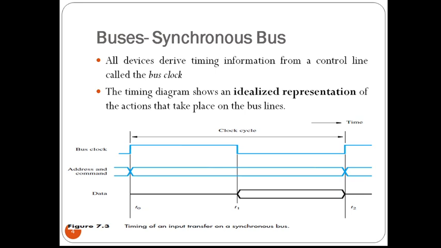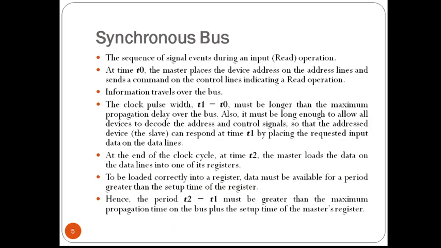That is why the information during this time period will be unreliable. You cannot trust the data because there is a variation happening. So the addressed slave places the requested input data on the data lines at time t1. You can see at time t1 the data is inserted by the addressed slave.